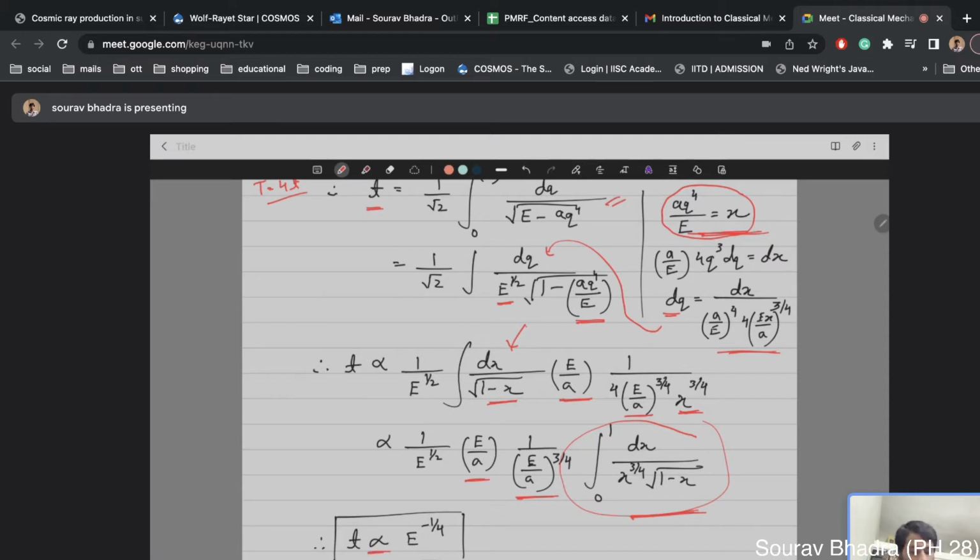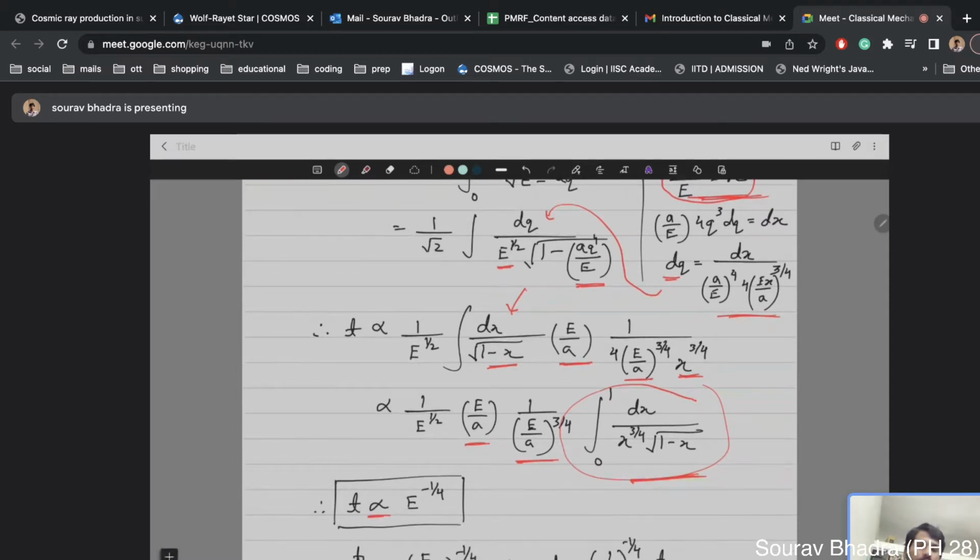Actually we want to find how our t is depending on capital E. If you calculate this E and this E properly, you will find that t is proportional to E to the power minus 1 by 4. That is our main result.